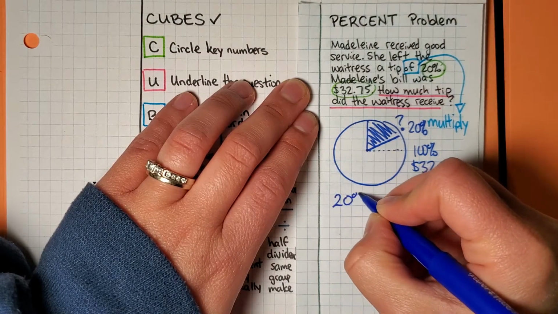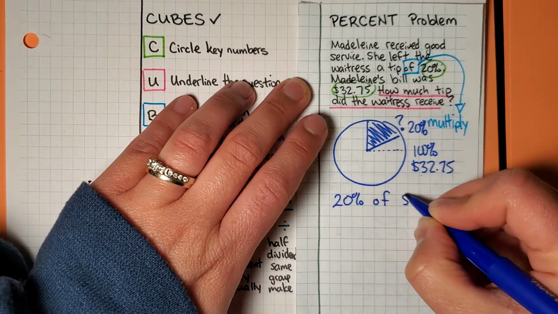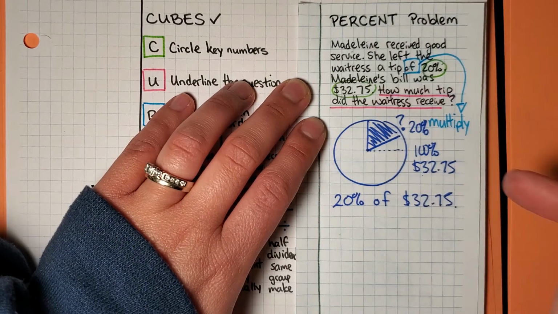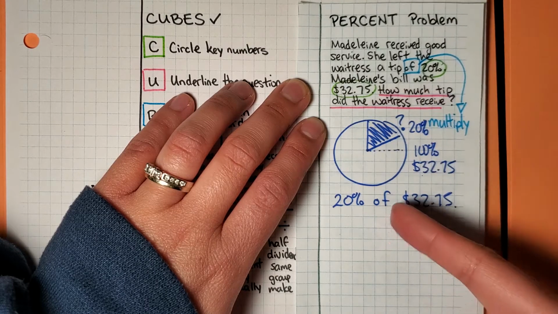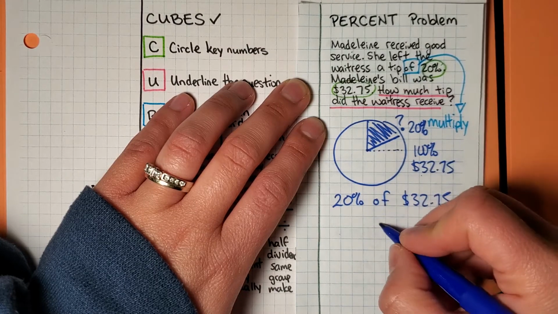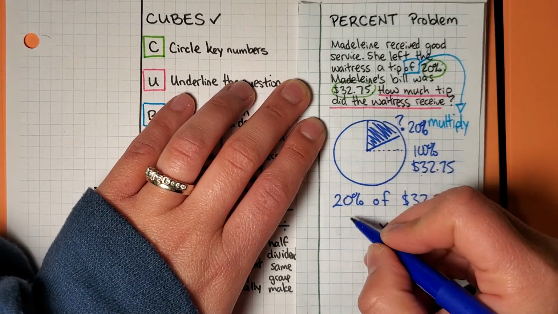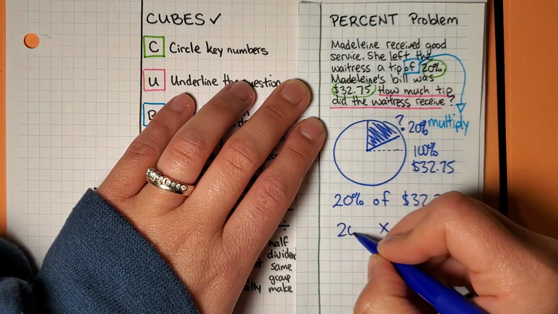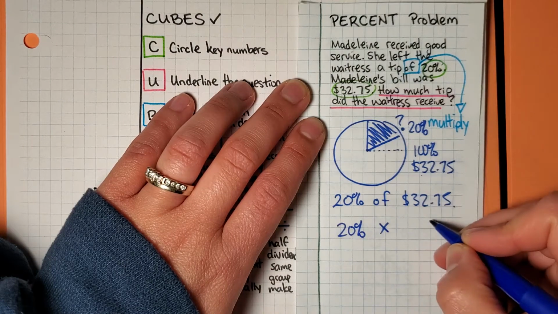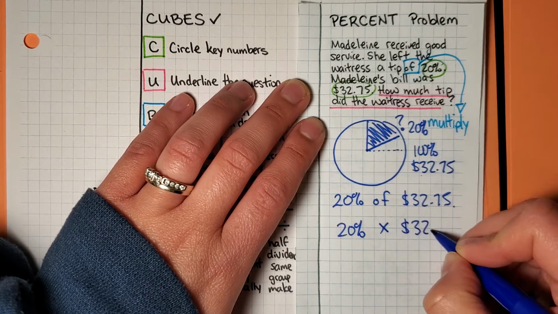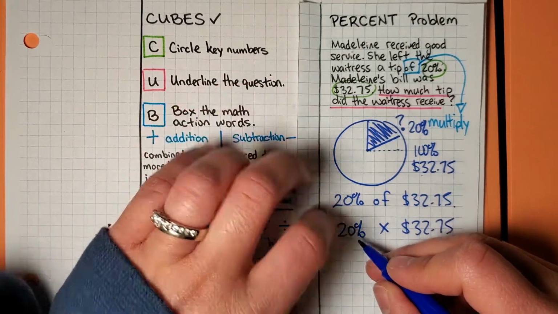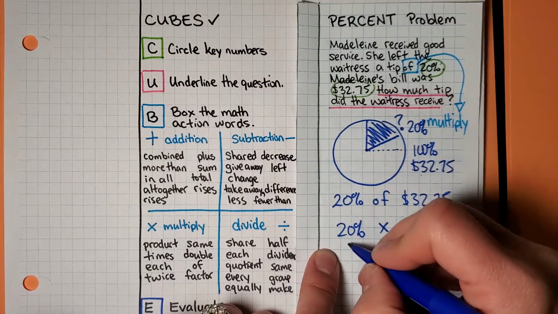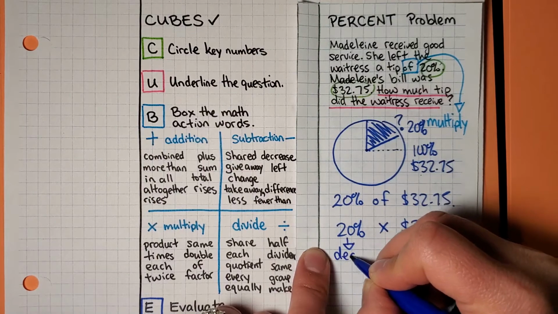So I'm trying to find 20% of 32.75. And I know that "of" means multiply. So I need to multiply, but I can't multiply it as it is. You would always need to put it into a decimal.